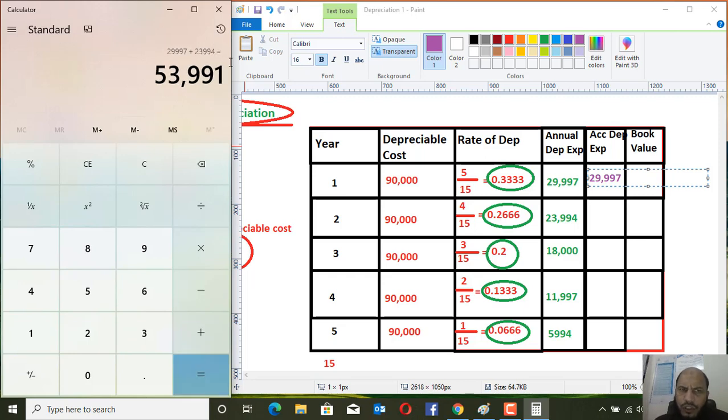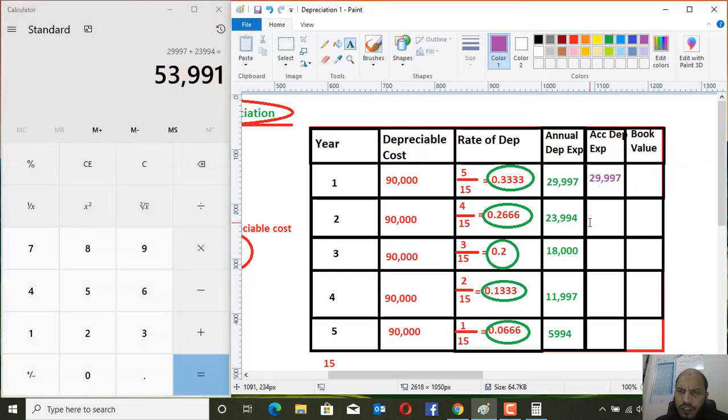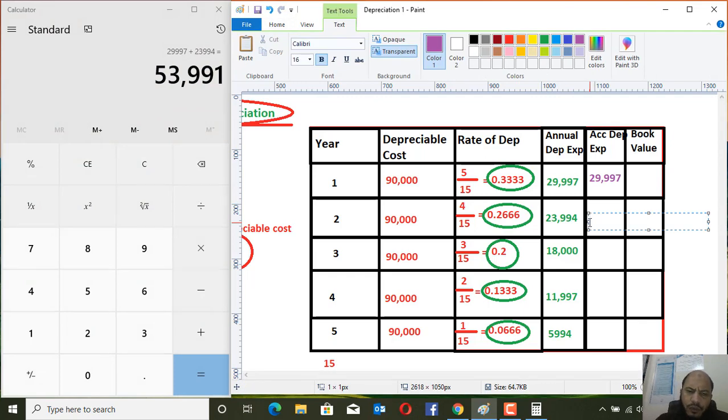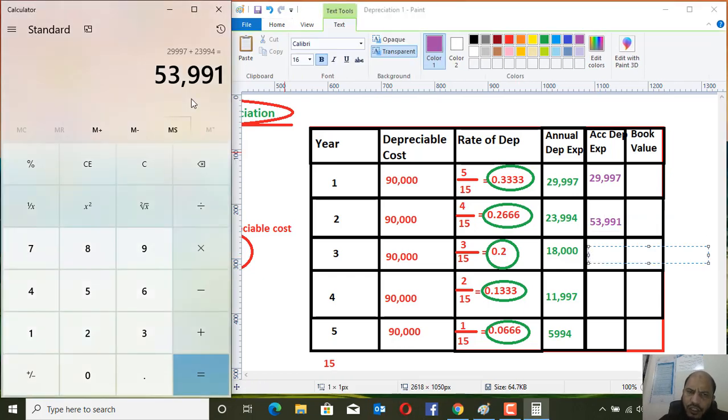So the total of the annual depreciation expenses is equal to 53,991. Then we add the 18,000 as well.